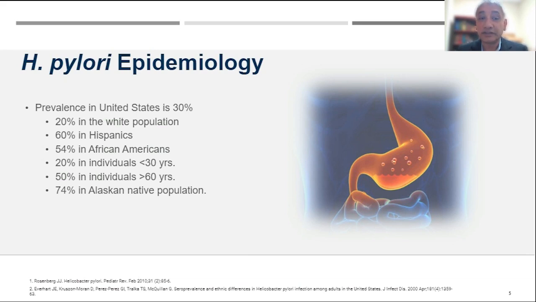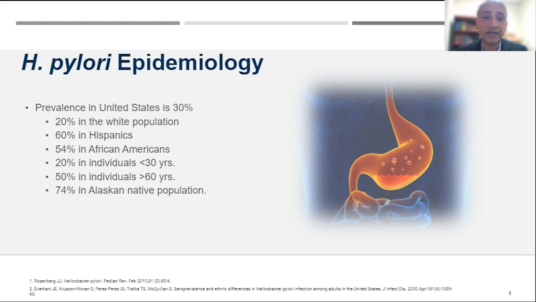There's also an age cohort. Individuals who are in an older cohort tend to be more likely to be infected, and this really has to do with the fact that most infection occurs in childhood, and older cohorts are more likely to have spent their childhoods at a time when sanitation was not as good as it would be in subsequent years.